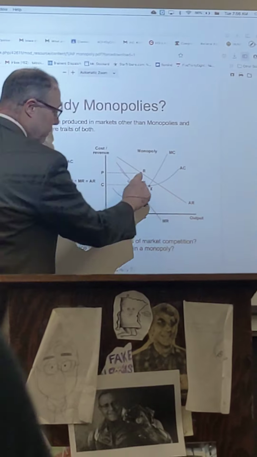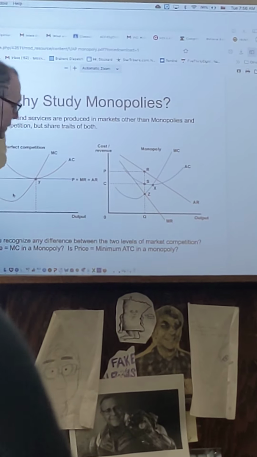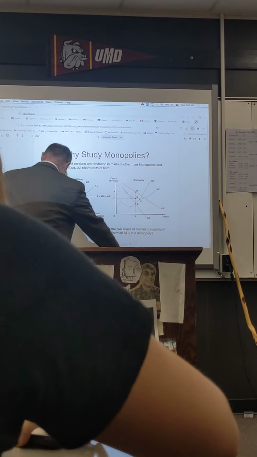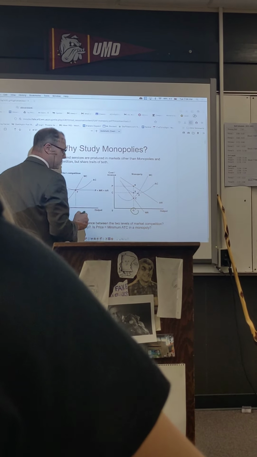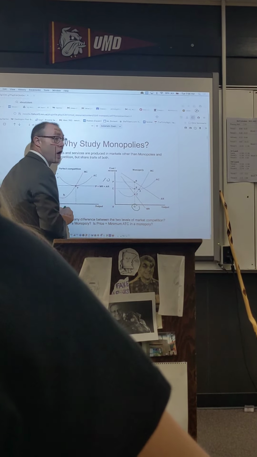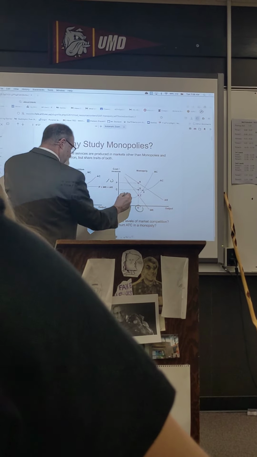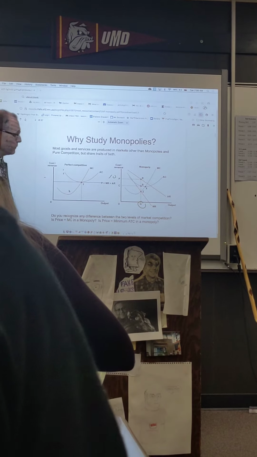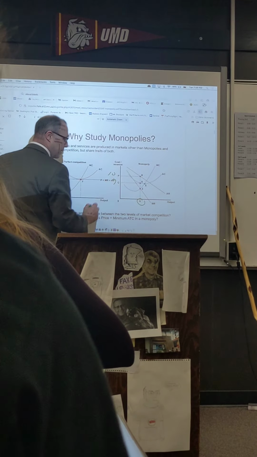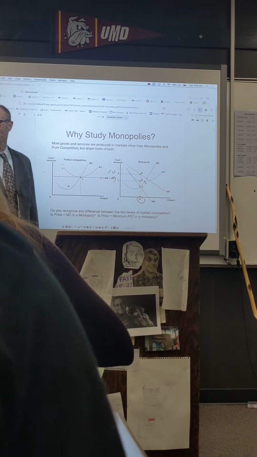You just follow that up to the demand function and that's your price. Now we could put some numbers on here. At that quantity, we're maximizing our profits, and we'll say the price is $10. But you'll notice, what's the average total cost of producing it? Let's make something up. Does it look like about 7? Does that look about right?